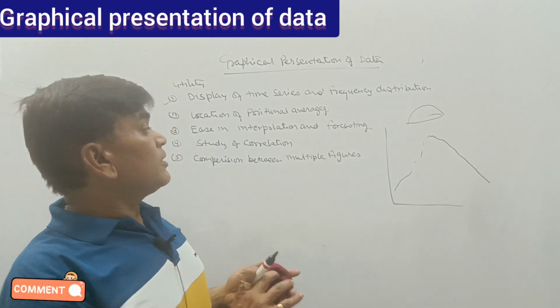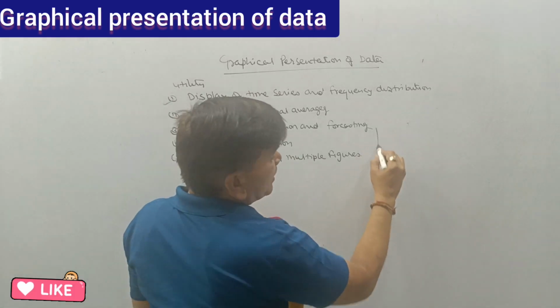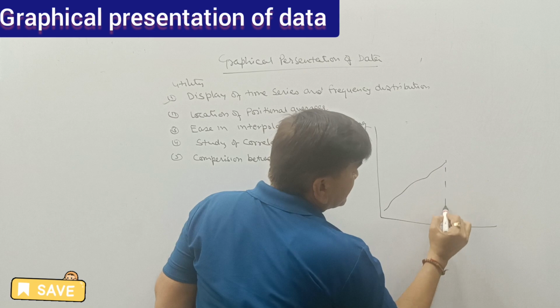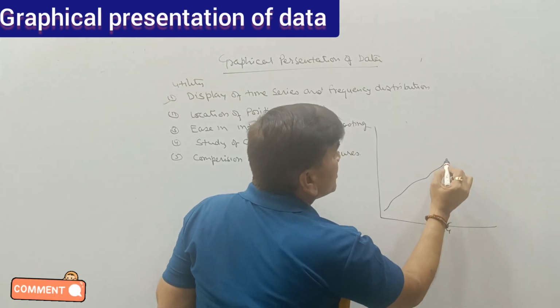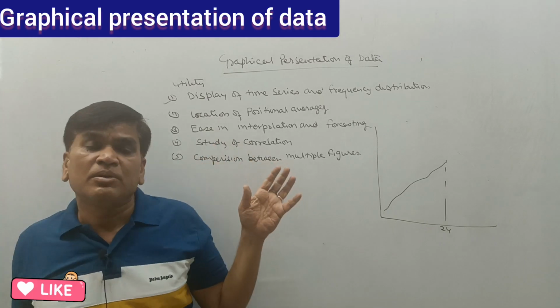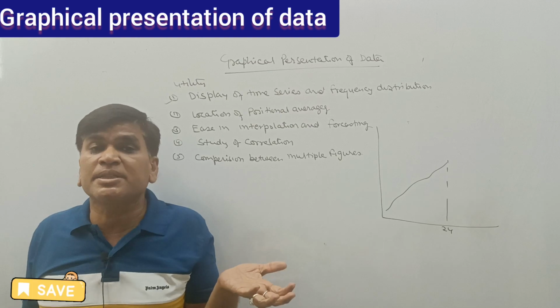So, first, to show the time series: suppose a data series is going on and you are to predict, suppose here the 24th value. There also graphical presentation is very important for forecasting the data.